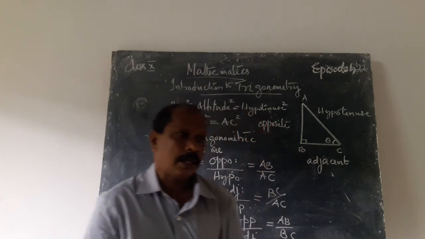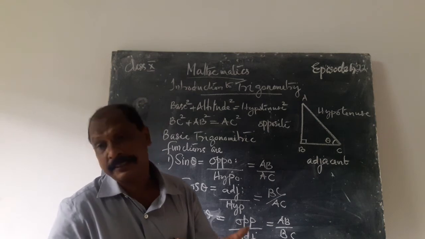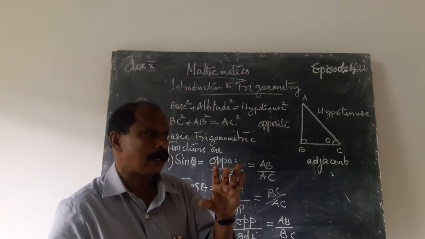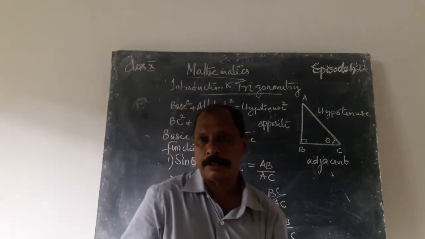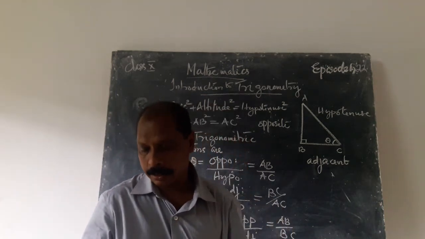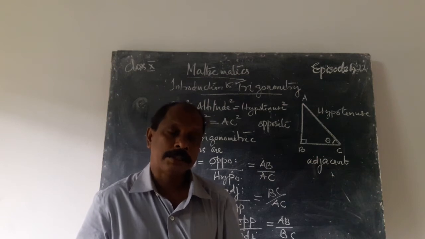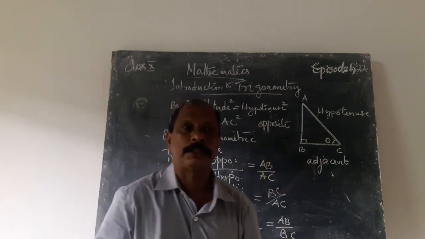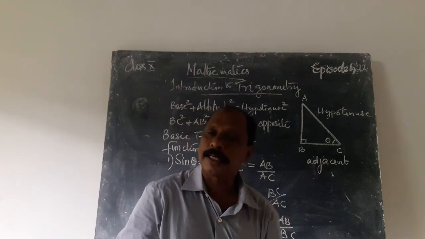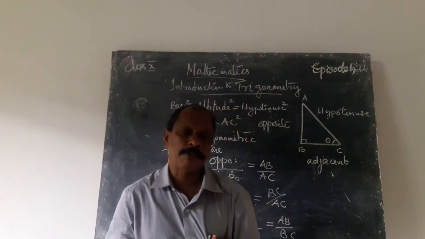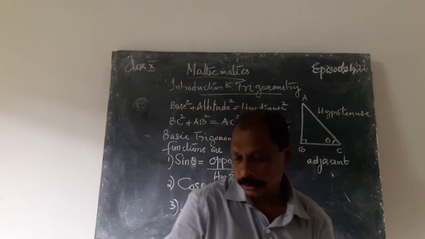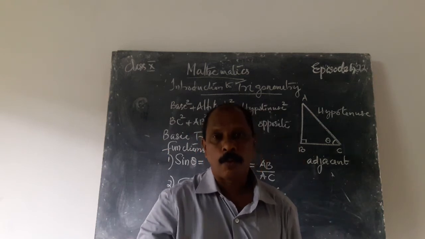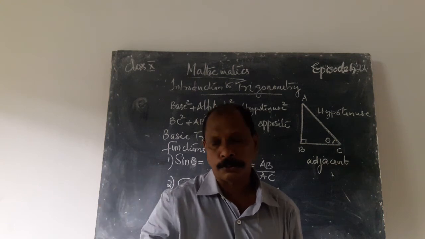Then there are several trigonometric functions for the right angled triangle. There are three basic trigonometric functions: sin theta, cos theta, and the ratio between these two, tan theta. What is sin theta? Sin theta is the first basic trigonometric function. It is the ratio between the opposite side and the hypotenuse.